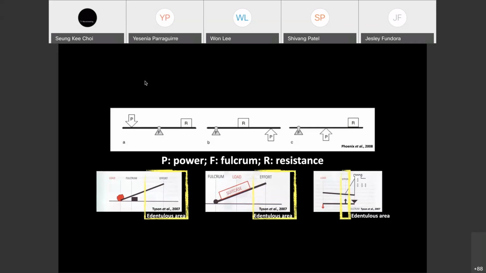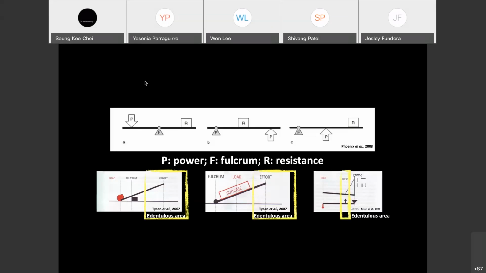You may see terms used a little bit differently, but essentially they're all the same. On the far left, we have class 1 lever situation. In the middle, class 2. Far right, class 3. Just for simplicity's sake and for presentation's sake, I'm just going to say effort is actually where the edentulous area is. So E for effort, E for edentulous area, okay?